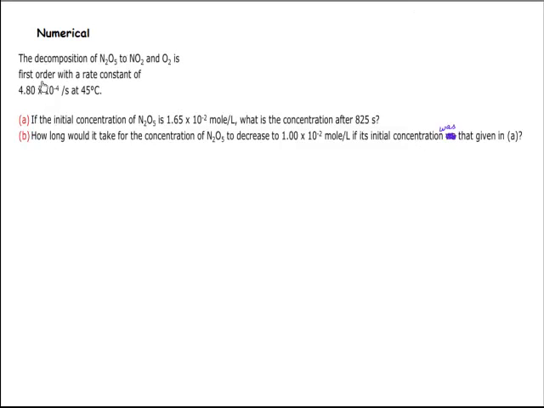Again, this is a first order reaction. Since it is a first order reaction, we can say t is equal to 2.303 upon k log of A upon A minus X. Now we know the initial concentration and they are asking us to find out the concentration after 825 seconds. So we need to find out the value of A minus X after 825 seconds.